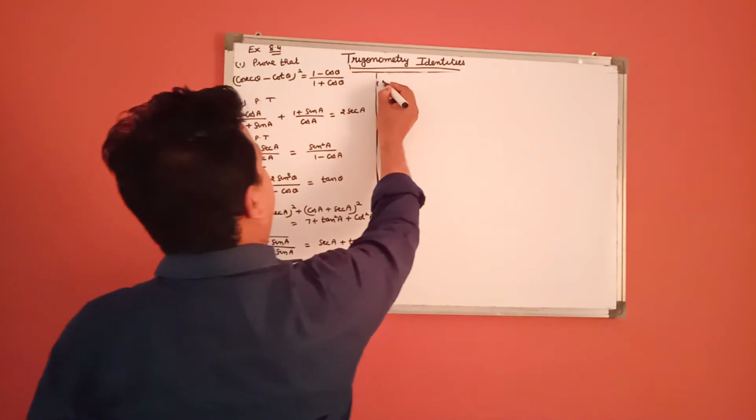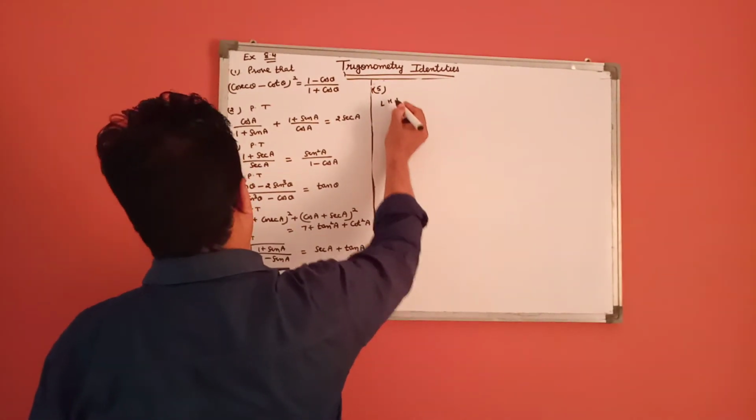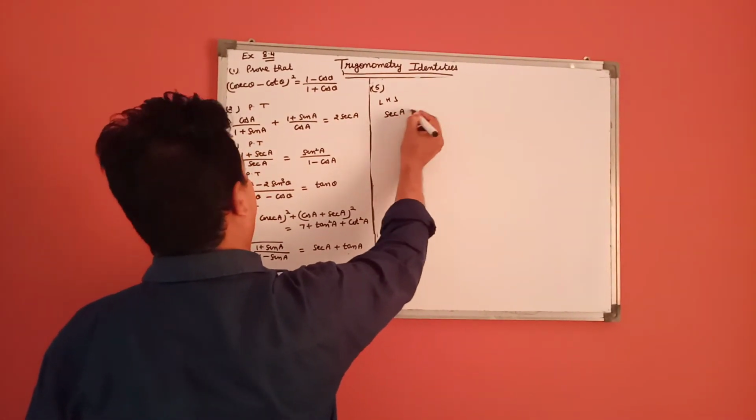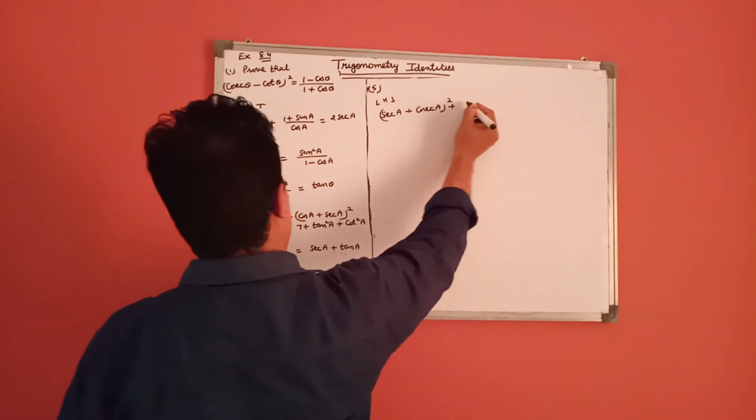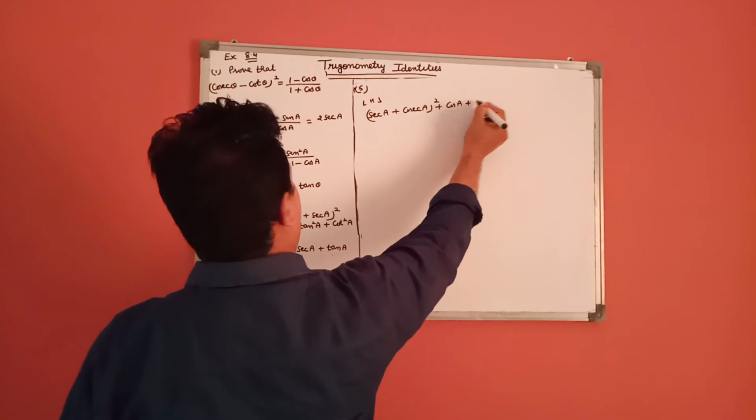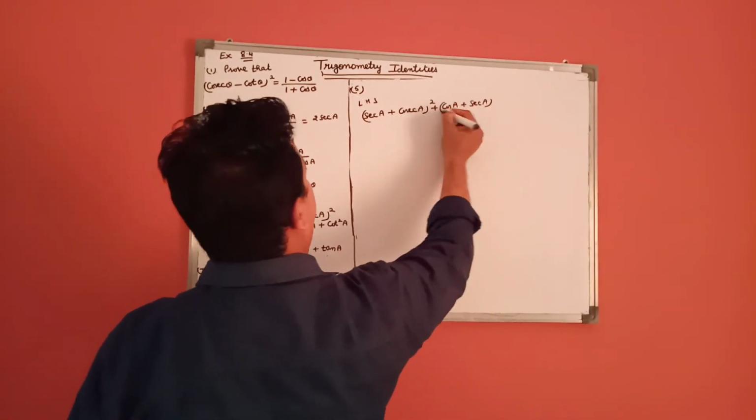In question number 5, the left hand side is (sin A plus cosecant A) whole square plus (cos A plus secant A) whole square.